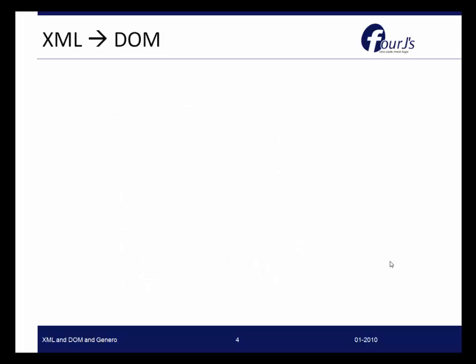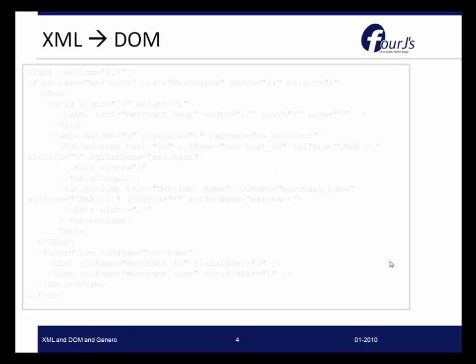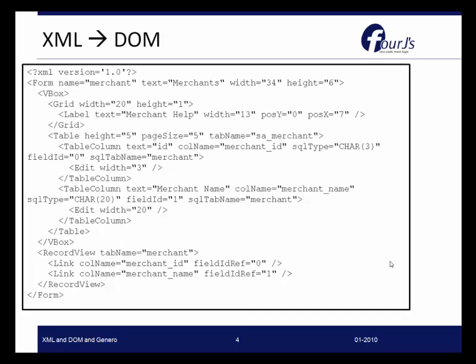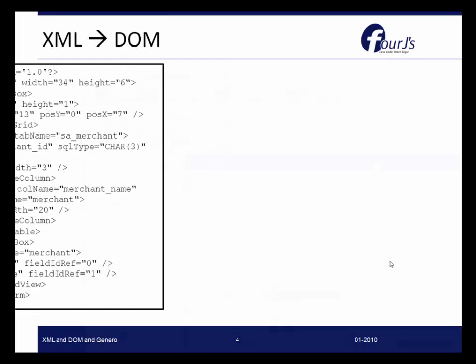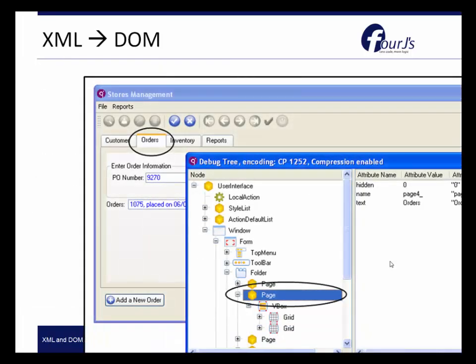Now, in Genero, our XML might look something like this. Here is a form that's been built, and the 42F file is simply XML represented in elements and attributes, the structure of the form. Now, when that form is read into Genero, it is read into memory and it becomes a DOM document.